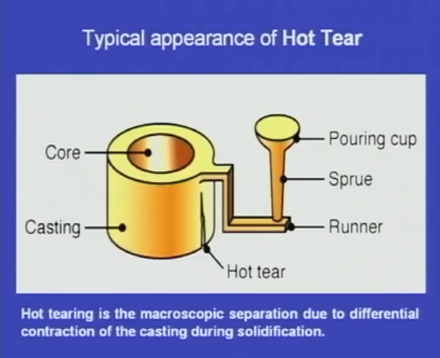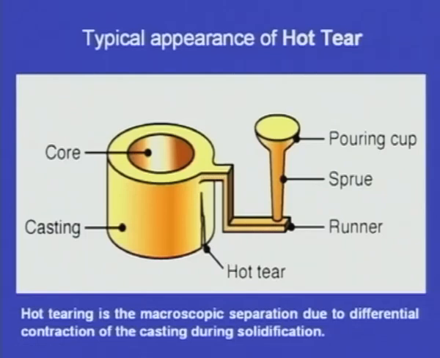And here of course this is the gating system, and here we can see the crack which is formed during solidification. This crack is known as the hot tear, and this is the macroscopic separation due to differential contraction of the casting during solidification.